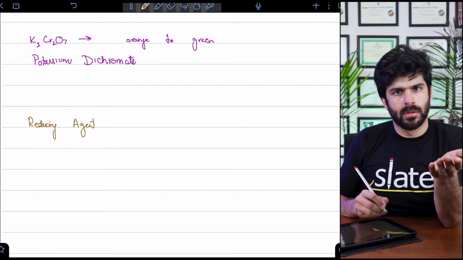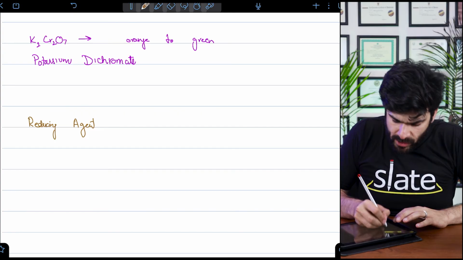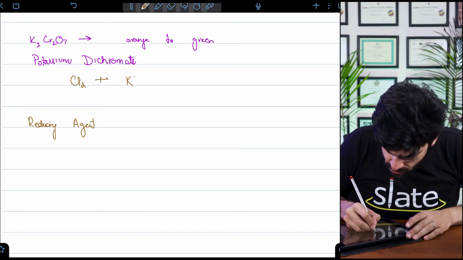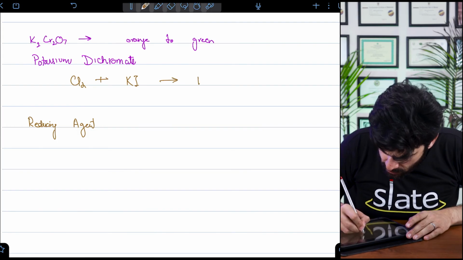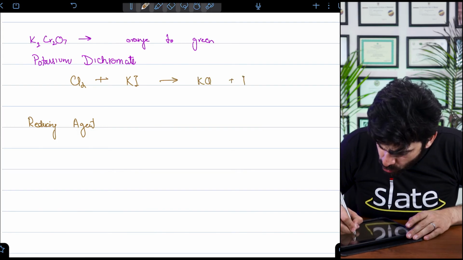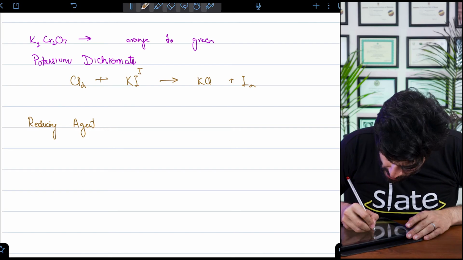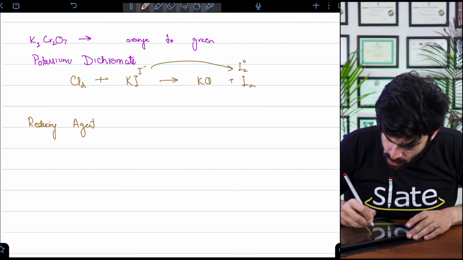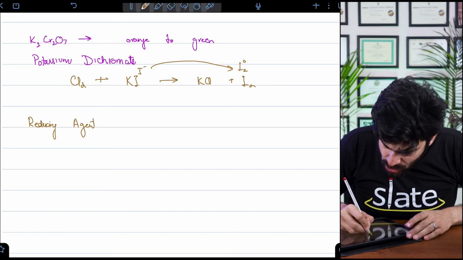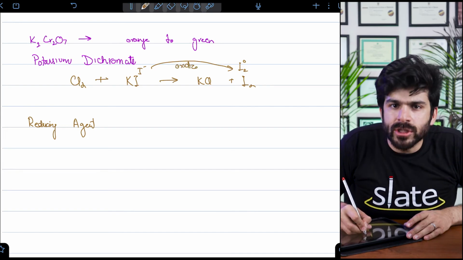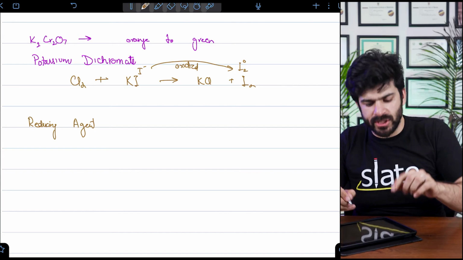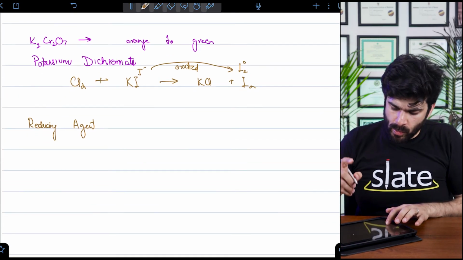There are more, but this is the main one. Even chlorine is an oxidizing agent. When it reacts with iodide, it will form KCl and I2. Iodide, I minus, has become I0. So iodide has oxidized. What has oxidized iodide? It is chlorine. So chlorine is also an oxidizing agent, but KMnO4 is the important one.